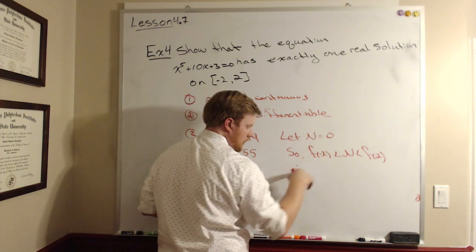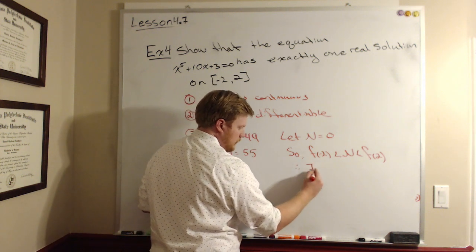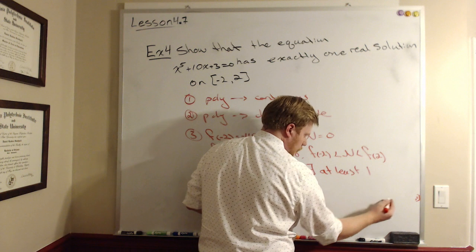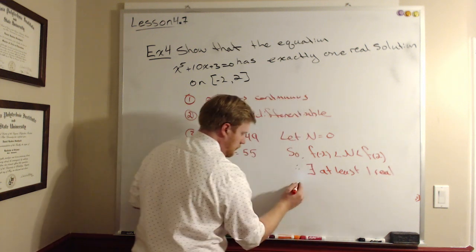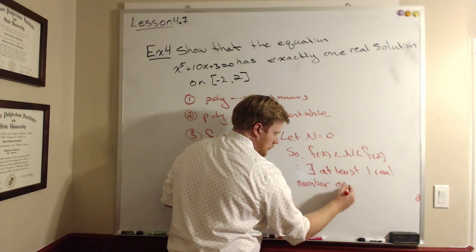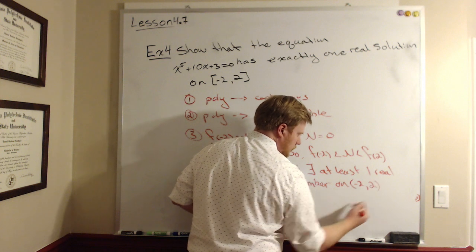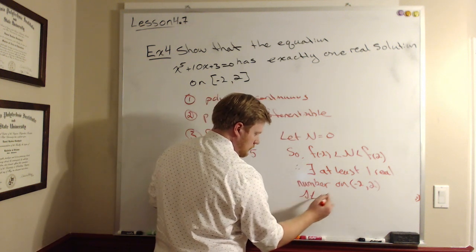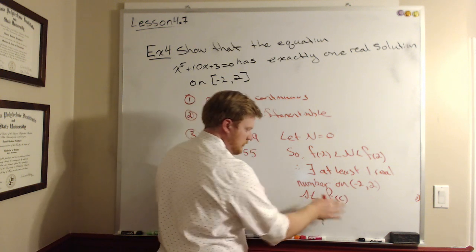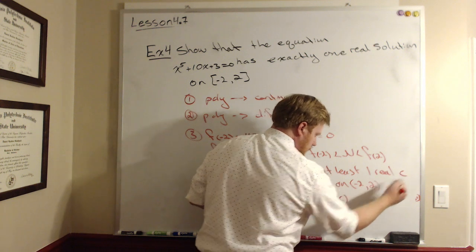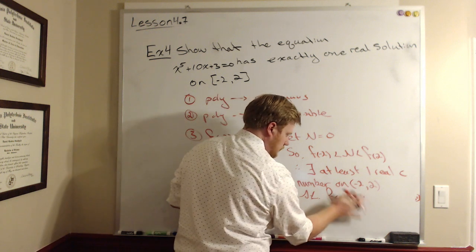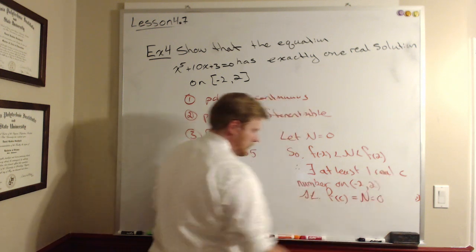therefore, there exists at least one real number c on the interval -2 to 2 such that f of c is equal to n, which is equal to 0.